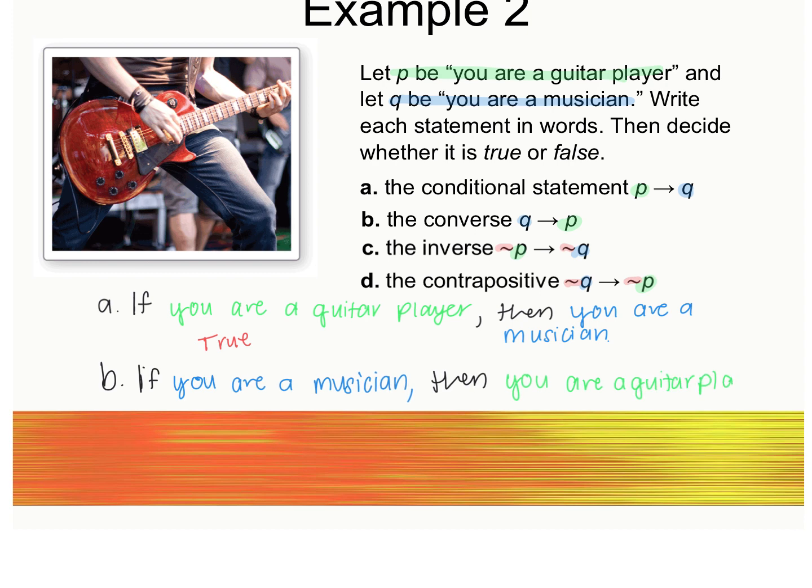So looking at this one, it could be false because a musician could play drums, could play the flute, could play the violin. So this one's going to be false.